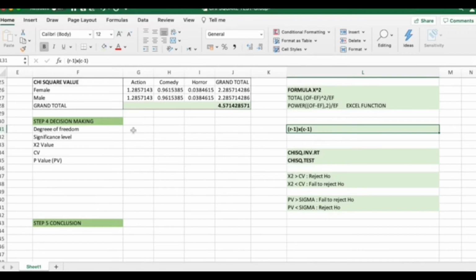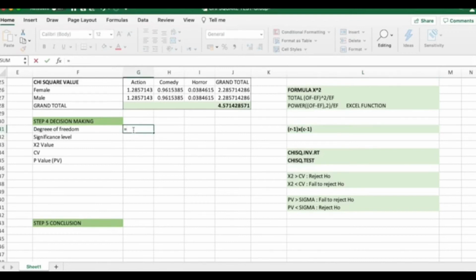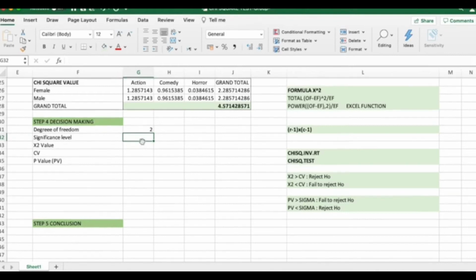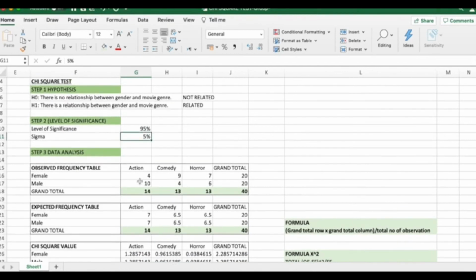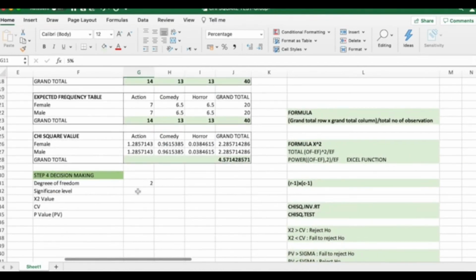So now we just simply key in the formula. Row minus 1, so 2 minus 1, times column 3 minus 1. So we get the answer. As for the significance level, or sigma, we can take 5%, which is 0.05.